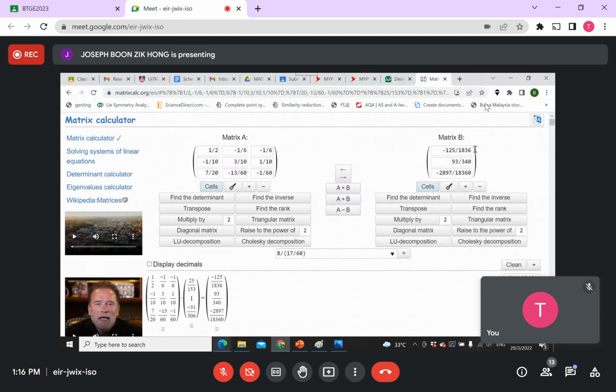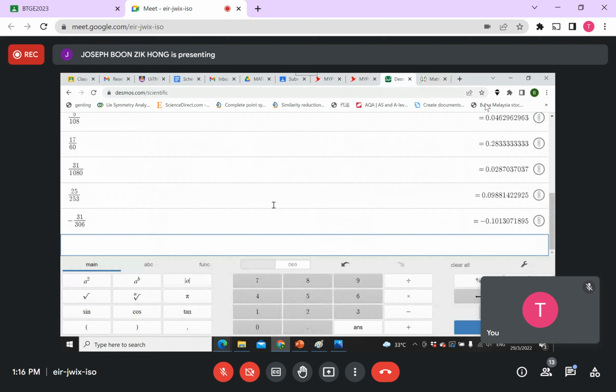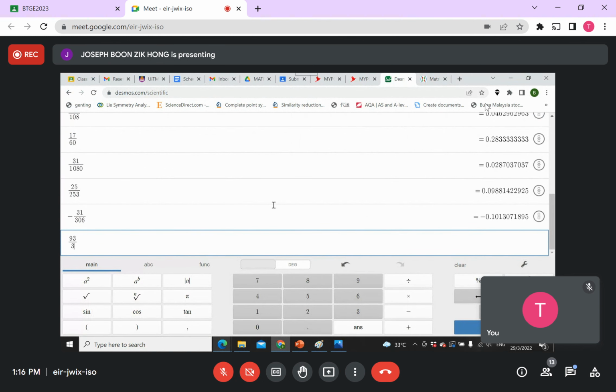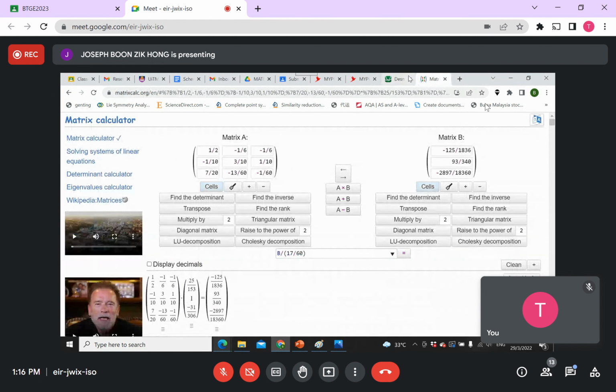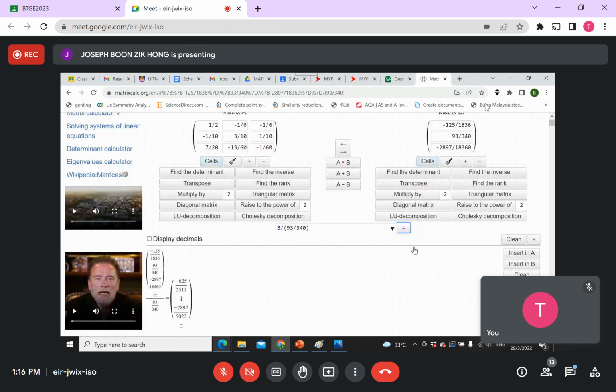Okay, so among these three, I think the biggest is what? 93 over 340. 27 something. 28. Yeah, okay. So this one will be 93 divided by 340. Okay, so this one insert in B again.